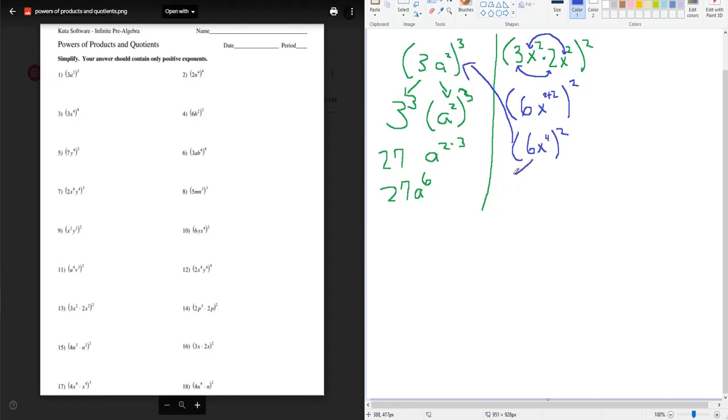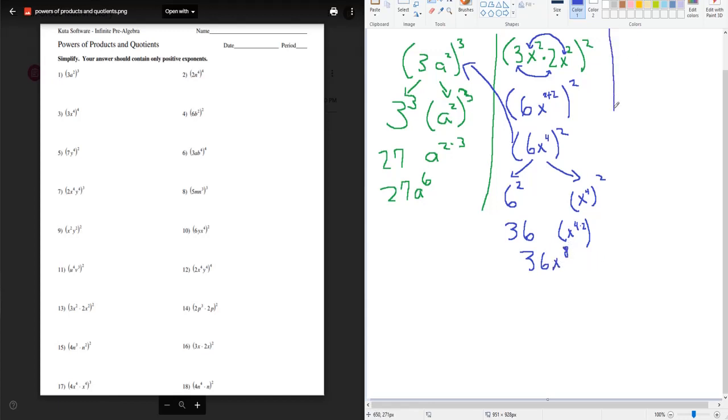We're going to split it up. So I have 6 squared and x to the 4th squared. 6 squared is 36. x to the 4 to the 2 is x to the 4 times 2. So my final answer is going to be 36x to the 8th.